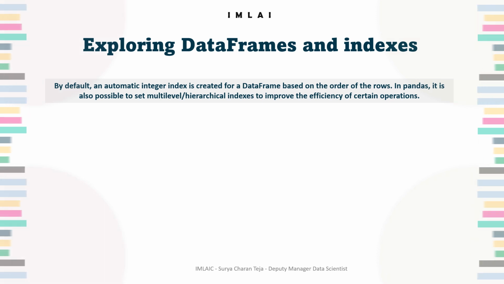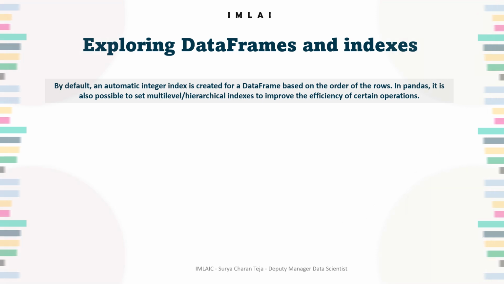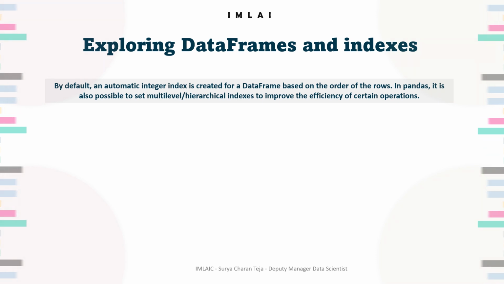By default, an automatic integer index is created for a data frame based on the order of the rows. In pandas, it's also possible to set multi-level hierarchical indexes to improve the efficiency of certain operations.